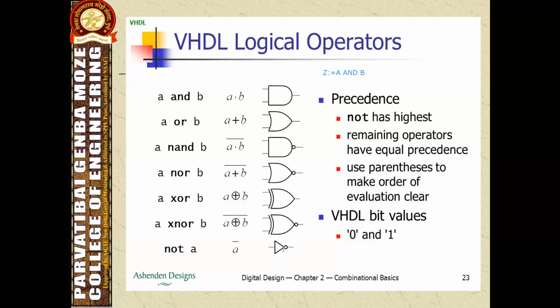To perform the NOT operation, there is only one input and one output terminal. A is the input and the output is A bar, so we have to write NOT A. These are a few logical operators. So let's see further.